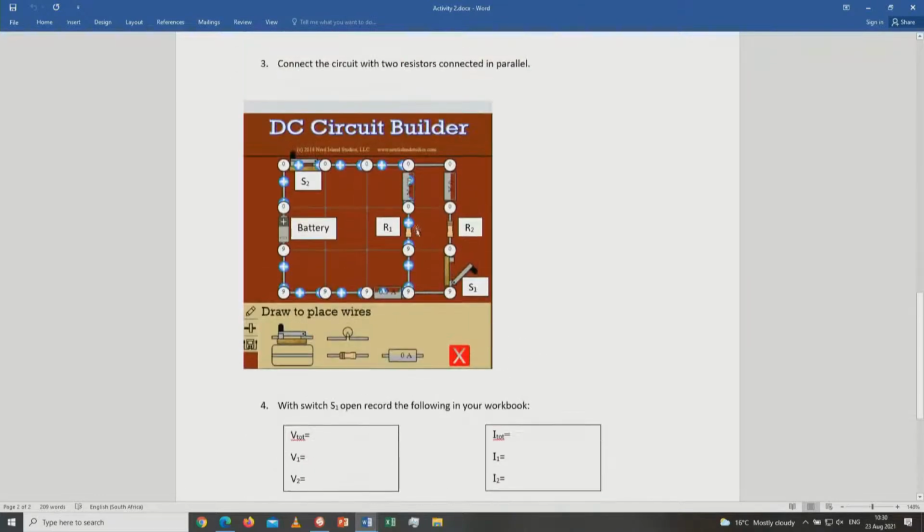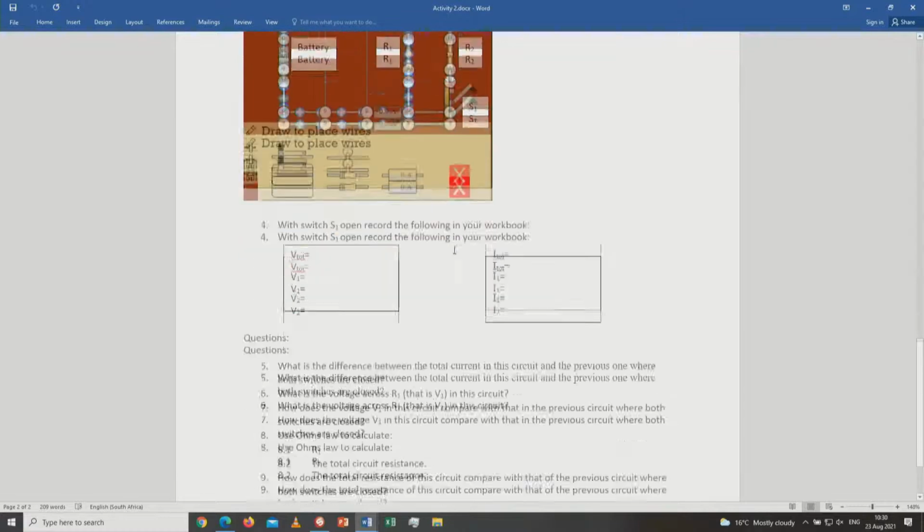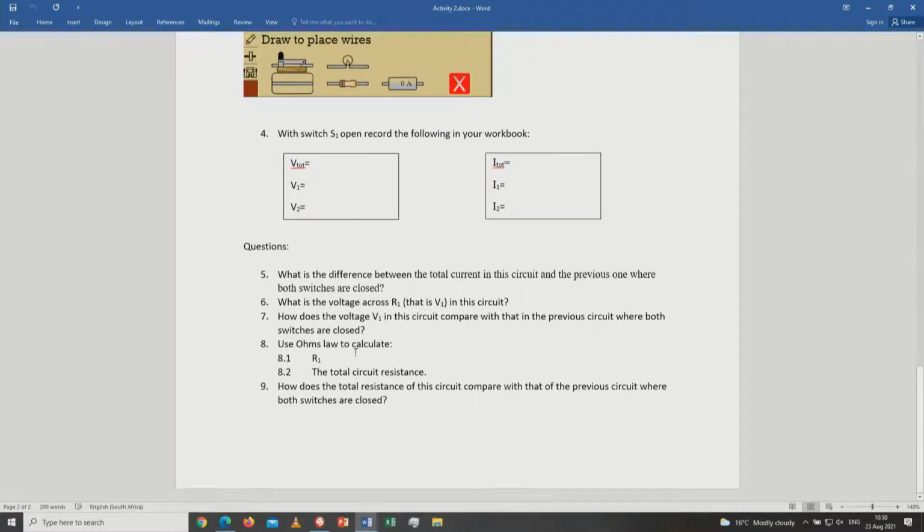We will look at V1, the voltage across R1, and compare it with the voltage there when the two switches were closed. And then you can use Ohm's law. I think we will not do this for this activity. You will do it yourselves, but what is important is for us to see.